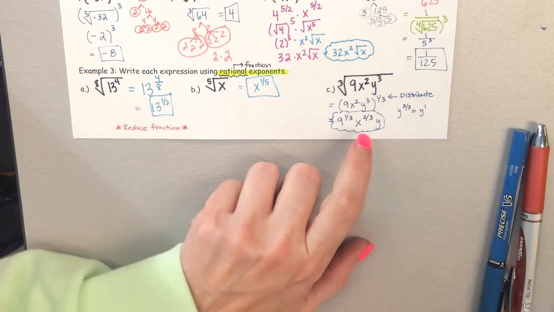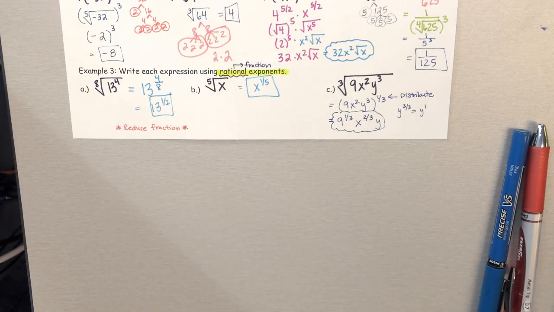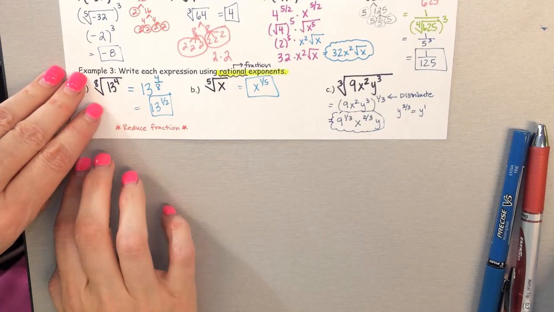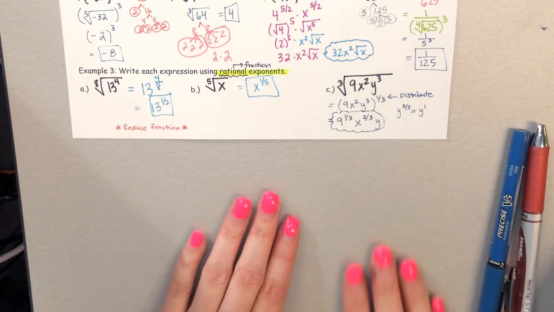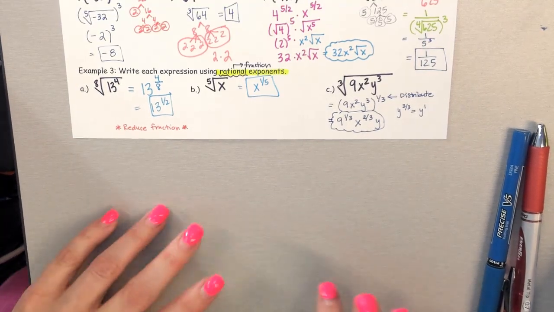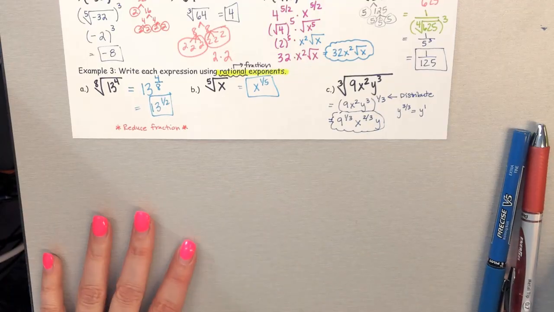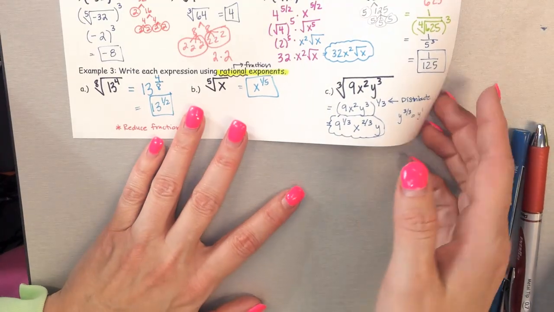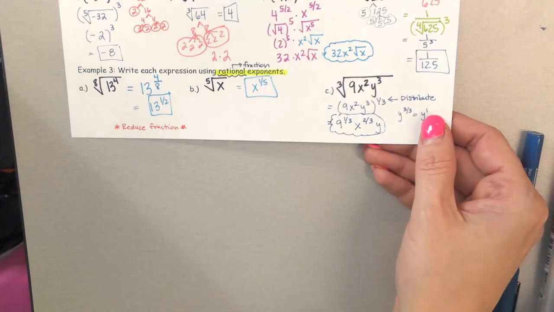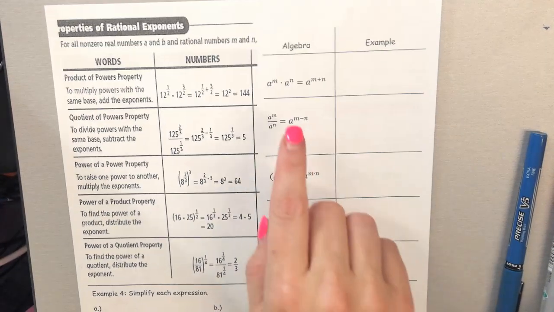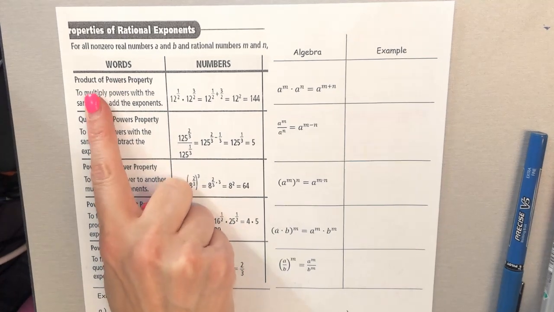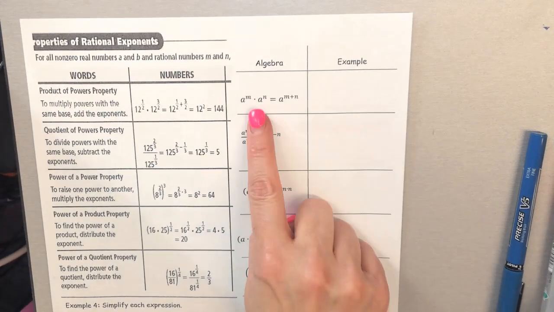Okay, we are going to review some of those exponent rules that are going to help you. Okay, so there is a table on the back that already has some examples in it. Those are just extra examples to help you if you get stuck. Okay, we're going to do some examples together. So in words, we're doing the product of powers property.